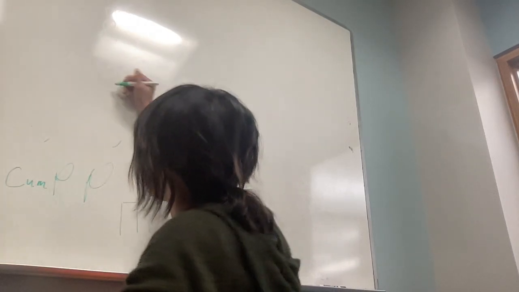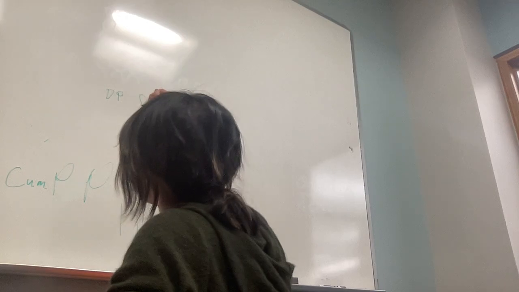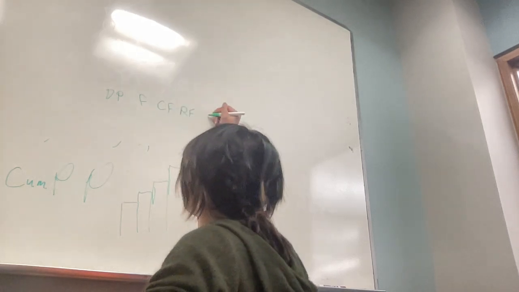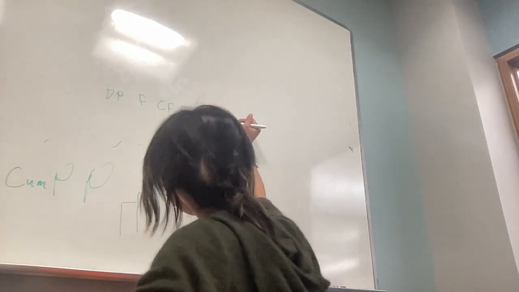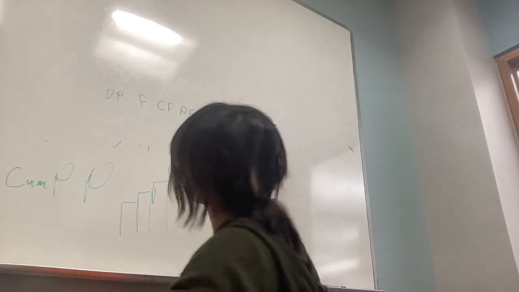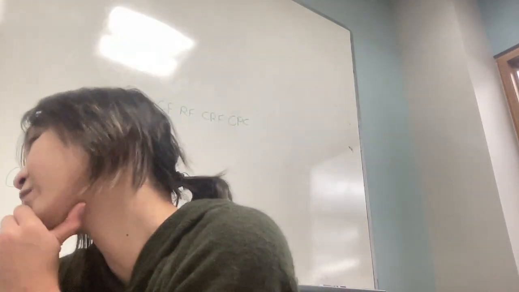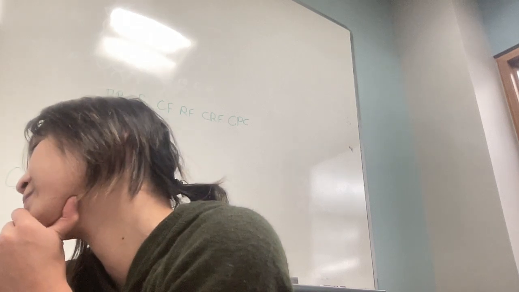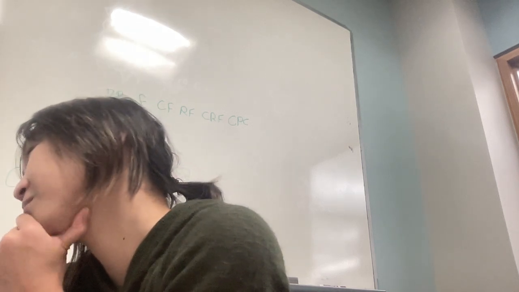Remember when we had to do data points, and then frequency, and then cumulative frequency, and then relative frequency, and then cumulative relative frequency, and then cumulative percentage frequency? Is it on there? If it's not, then we don't have to do it. Frequency distributions and charts.